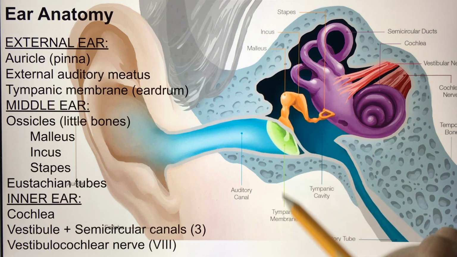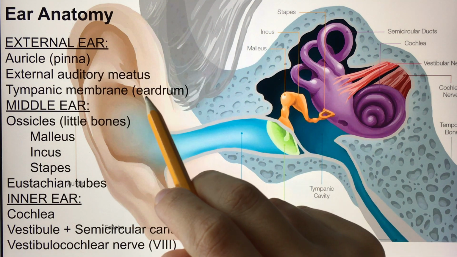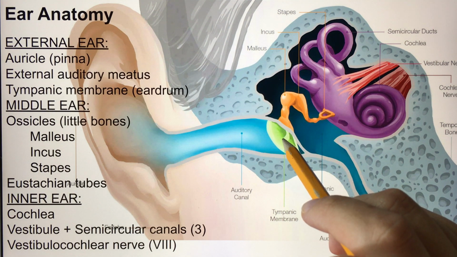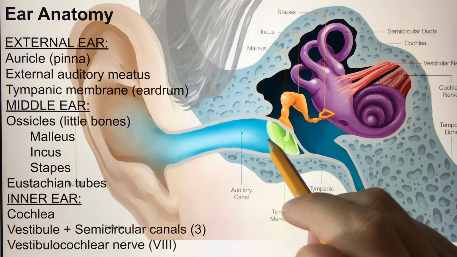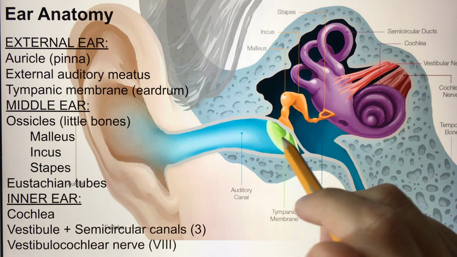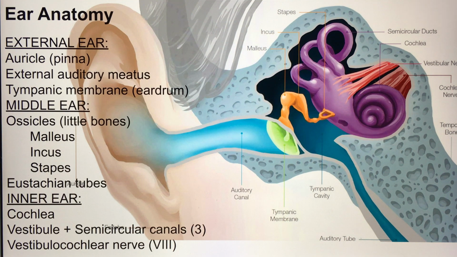It is a flexible membrane called the tympanic membrane or the eardrum. So this is the membrane that can vibrate as the sound waves enter the ear canal. They can strike this membrane and vibrate it, and that's the first part of the sound generation.